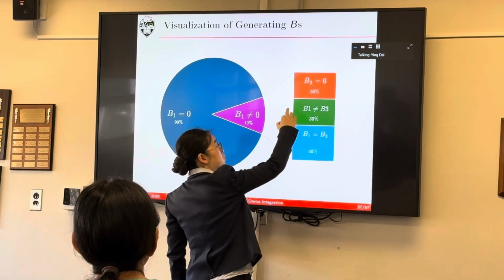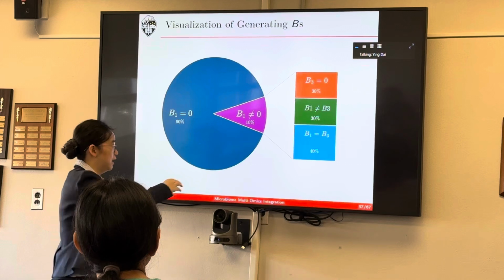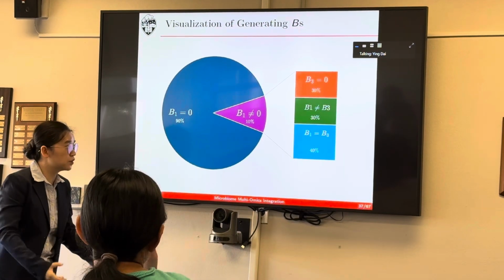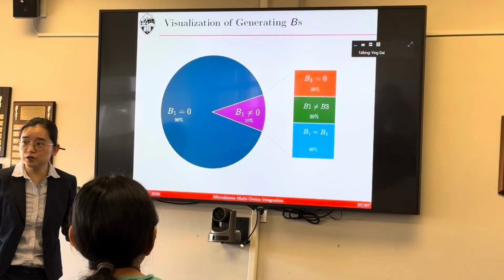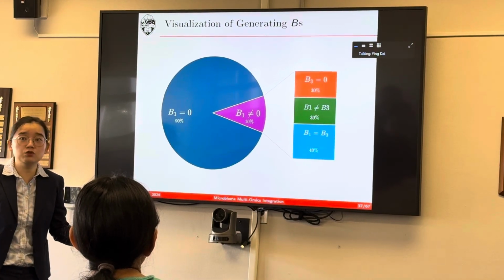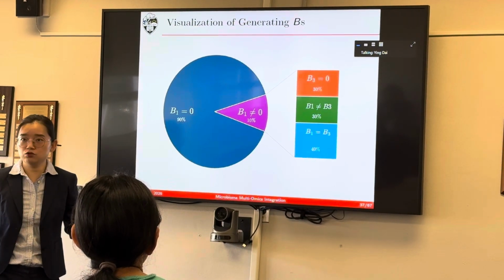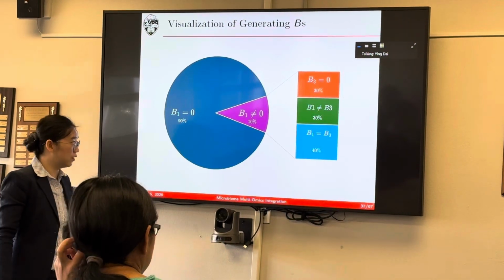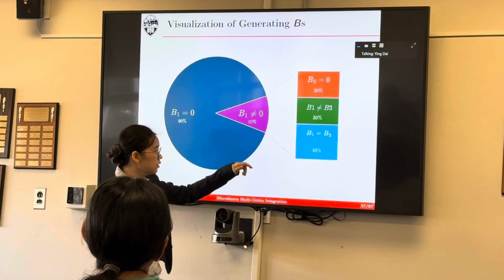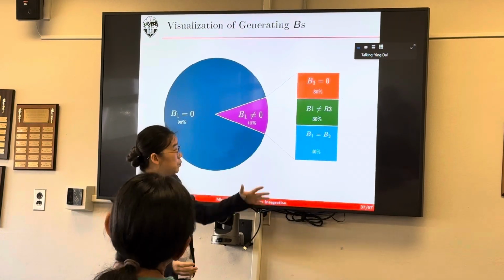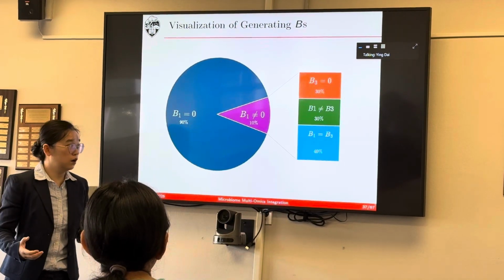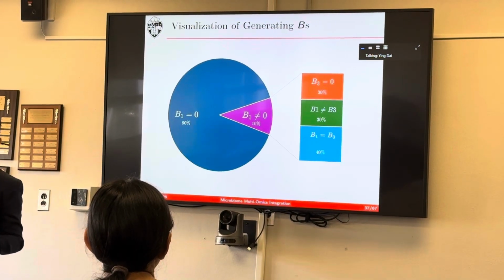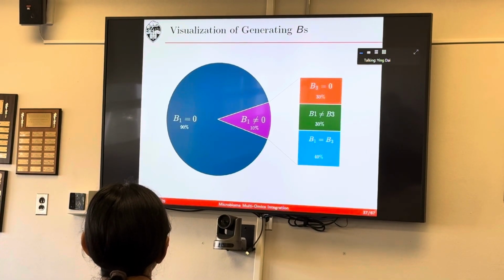And then this dark green term means the association appears in both the control group and the treatment group, but they have different magnitudes or the direction might change. And lastly, we have the other 40% of them, where the association is present in both groups and they are equal. So that's actually a commonality.